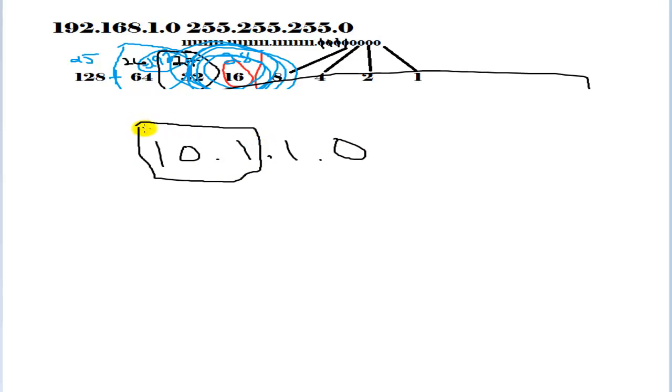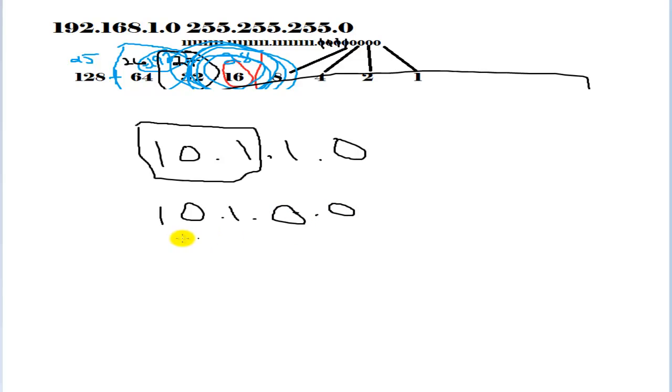That's your Class B network. So let's say you're in the 1 dot network, it'd be 10.1.0.0. And when it says you have 10,000 hosts, you can go up each of these octets to 255.